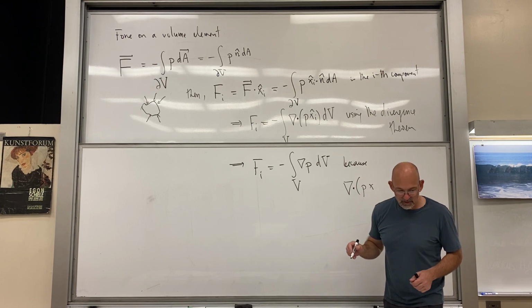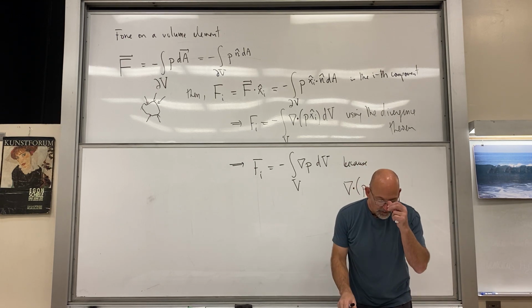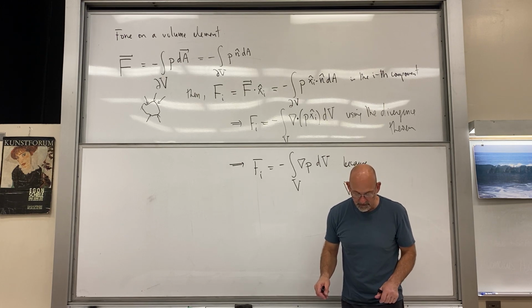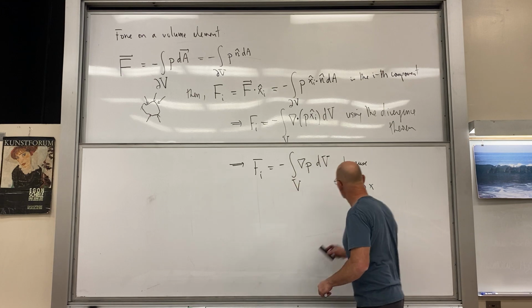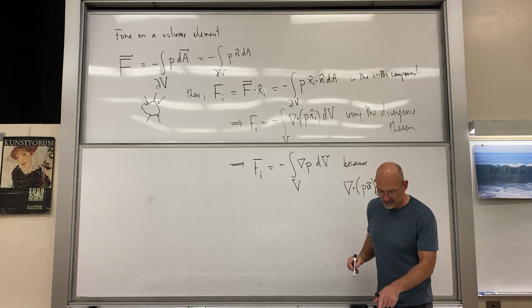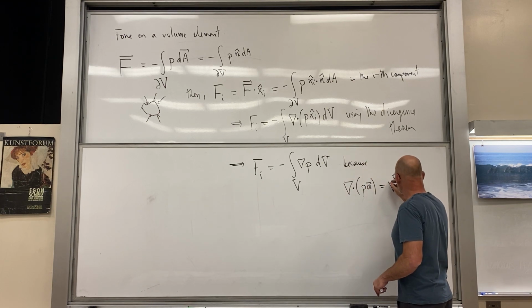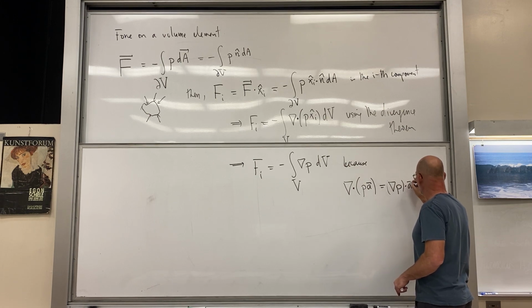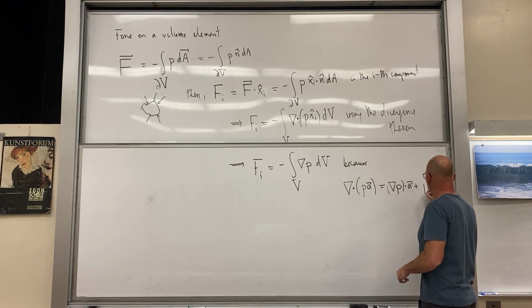Should I write the general formula here somewhere? Yeah, so P is a scalar, I'll put a vector A here. And that is gradient P dot A plus P div A.